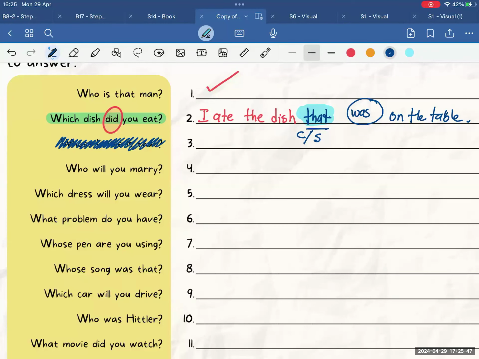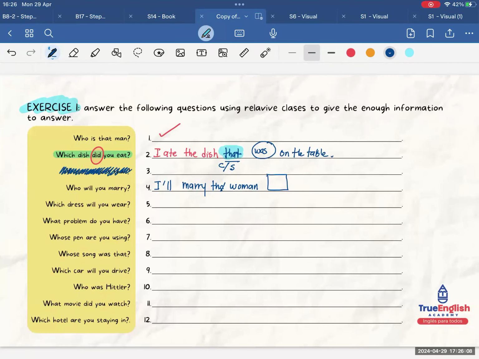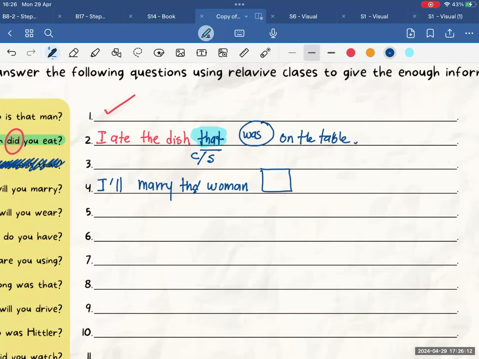I marry. Excellent. ¿Tiene que ser como 8 o solo marry en presente? I'll marry, por ejemplo, I'll marry the woman. And then you need to tell me, ¿qué mujer? You know? What connector? If you have woman, what's the connector?